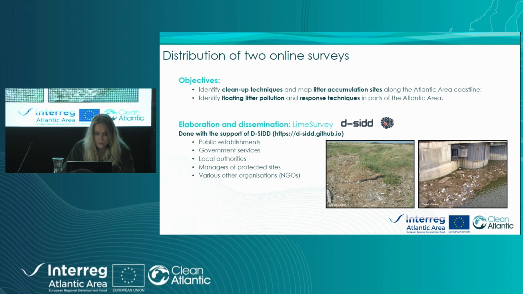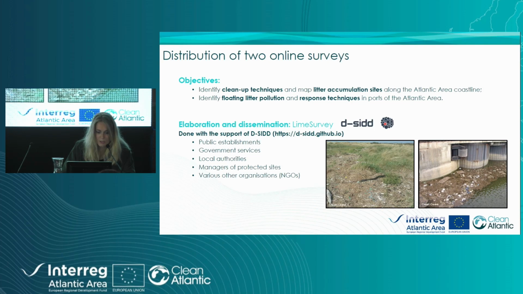To this end, we made two online surveys with the support of the CID. One to identify cleanup techniques and map litter accumulation sites along the Atlantic area coastline. It was for the action 7.4. And the second one to identify floating litter pollution and response techniques in ports of the Atlantic area for the action 7.1.